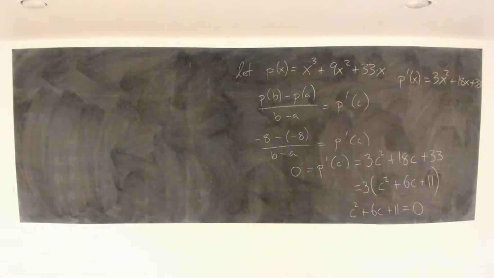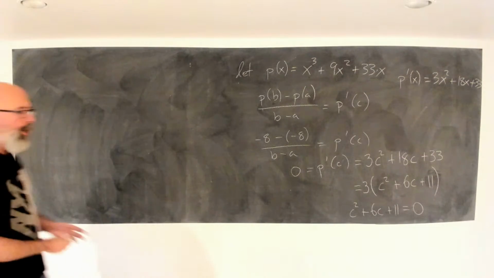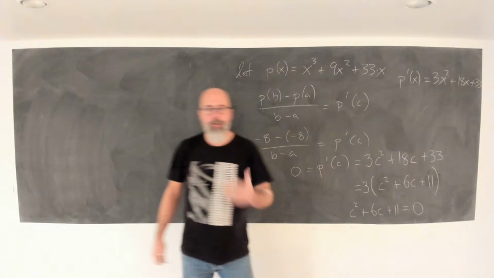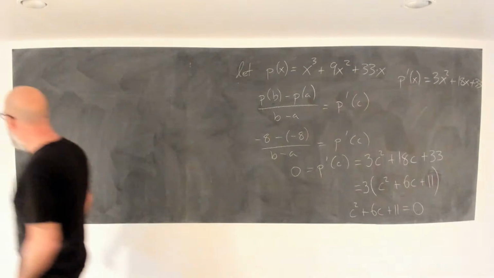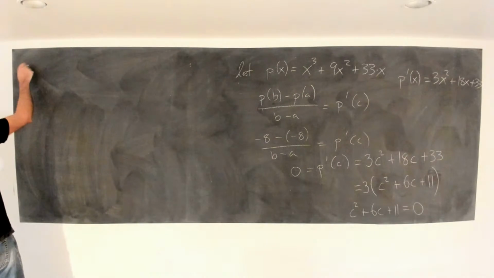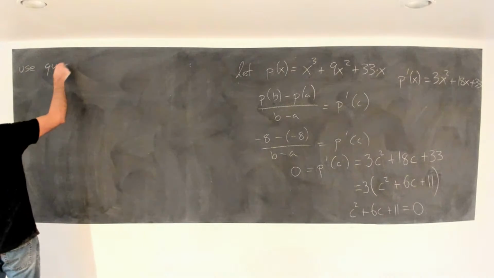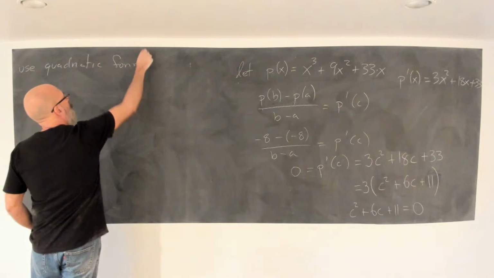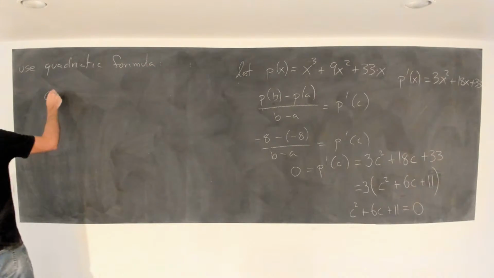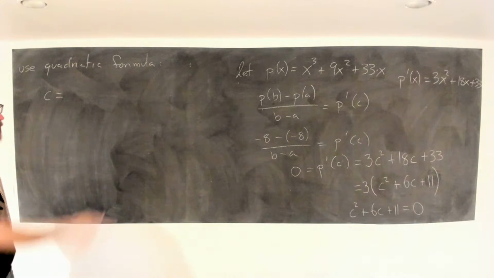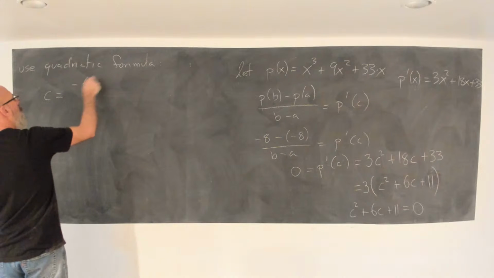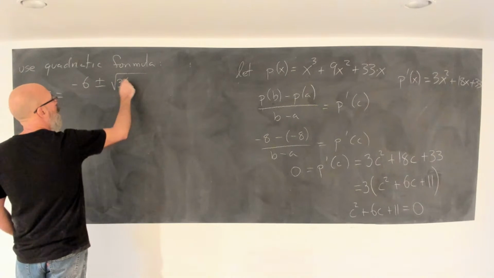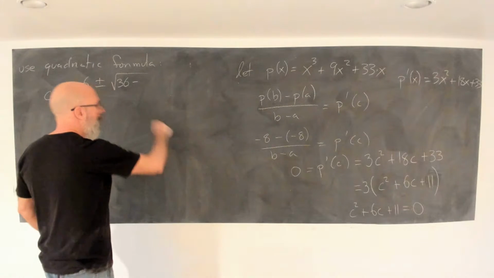But as Michael suggests, we have a quadratic here equal to 0, so we can use the quadratic formula to find the roots. C is negative b plus or minus the square root of b squared minus 4ac, all over 2a.